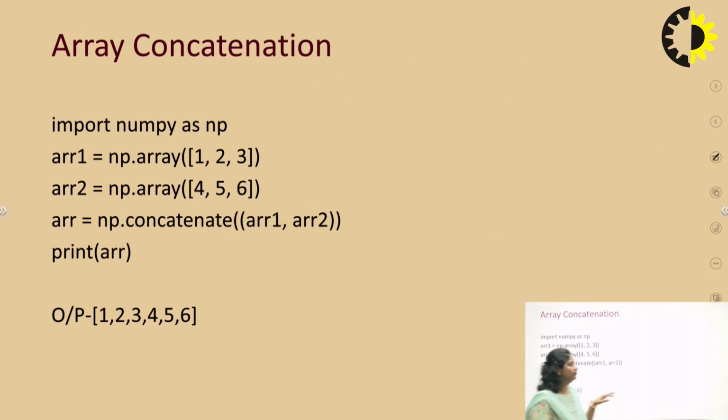Okay, so let us take an example. Import numpy as np, array 1 has elements 1, 2, 3, array 2 has elements 4, 5, 6, np.concatenate array 1 and 2 and print. Then both arrays would be concatenated, and the output will be 1, 2, 3, 4, 5, 6. Thank you.